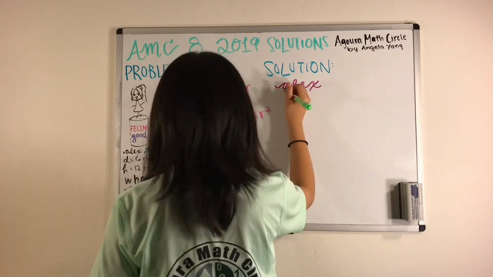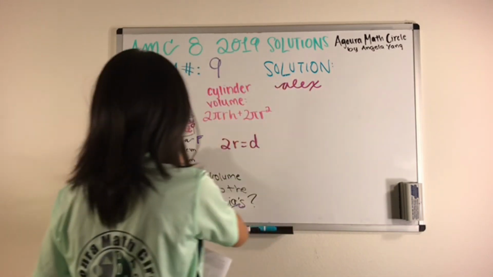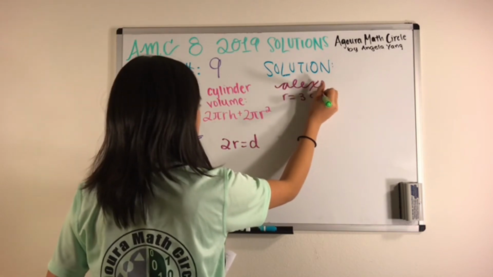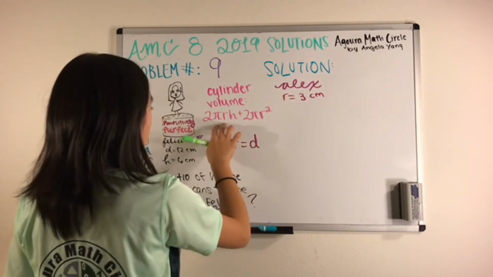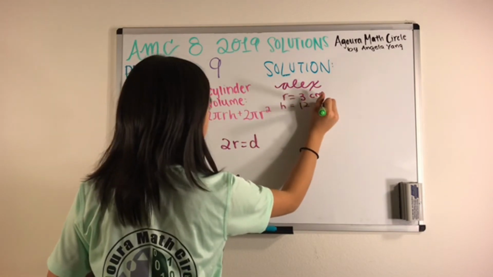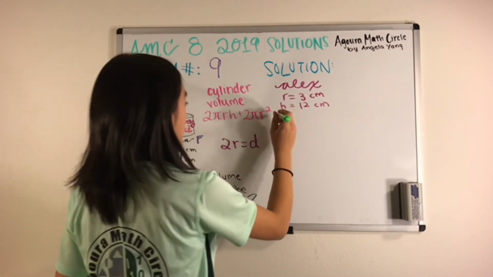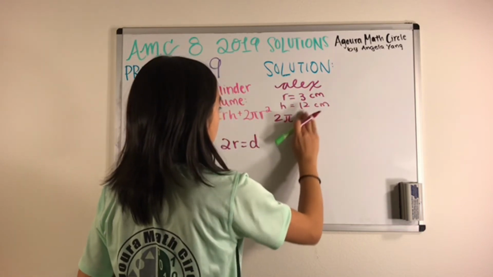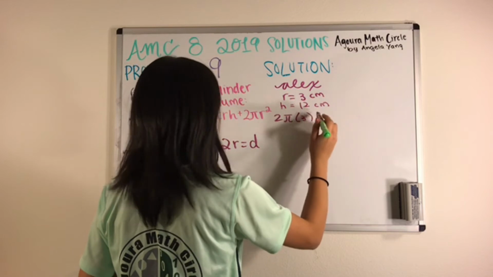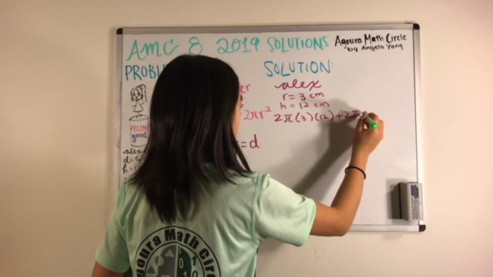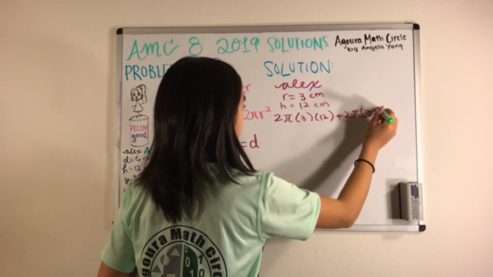Alex, right? Her diameter is 6 centimeters, so her radius must be 3 centimeters. And then, we also know the height of her can is 12 centimeters. And we substitute it in, so we get 2 pi r, so we'll substitute that in with 3 times 12 plus 2 pi 3 squared.